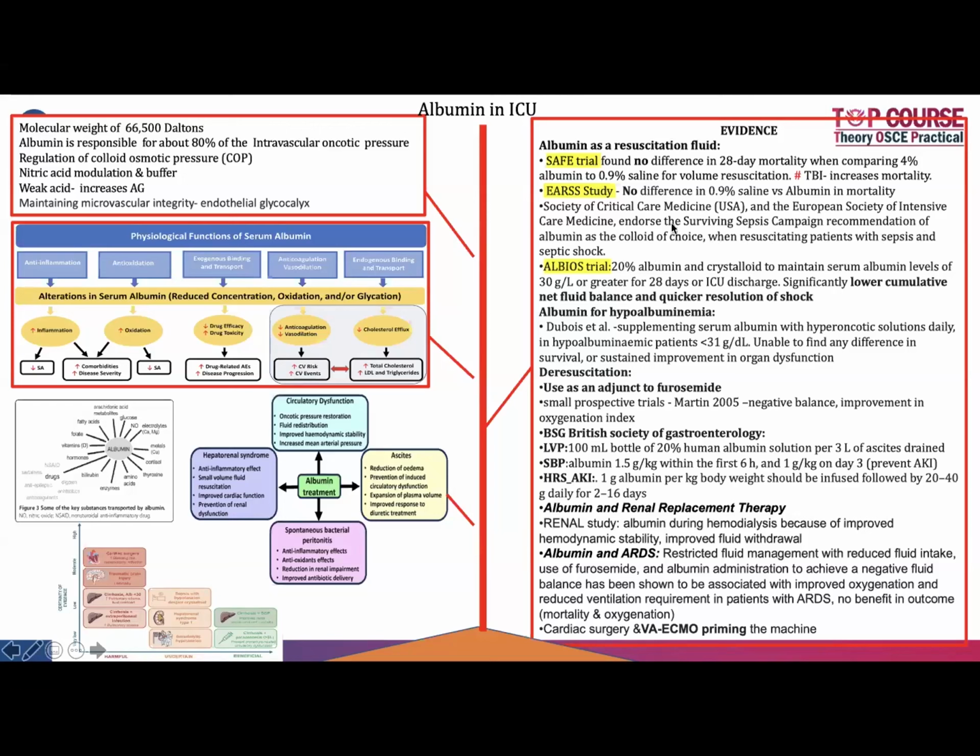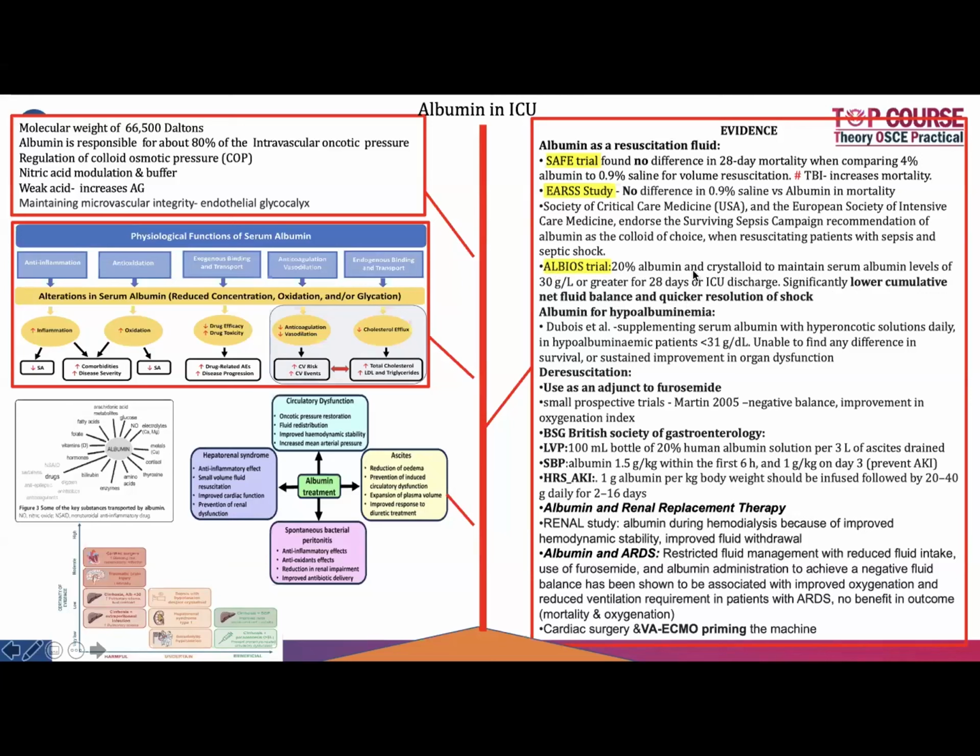So this is something that we need to look into. The ALBIOS trial has suggested that if you have resuscitated the patient adequately with crystalloids, then supplementing with 20% albumin to maintain the serum albumin level of 3 grams per deciliter, or 30 grams per liter, results in a lower cumulative net fluid balance and quicker resolution of shock.